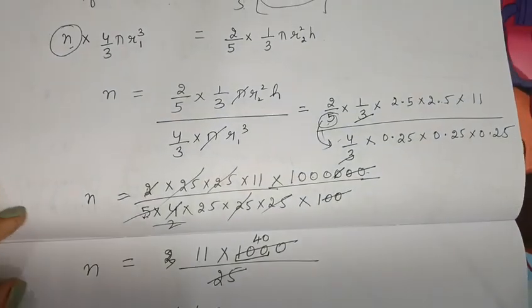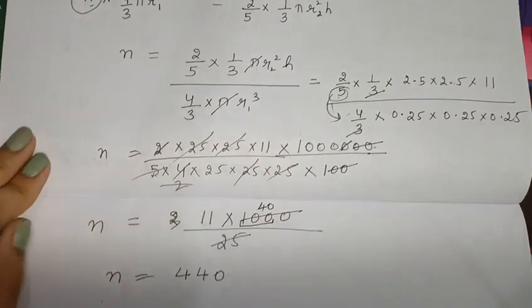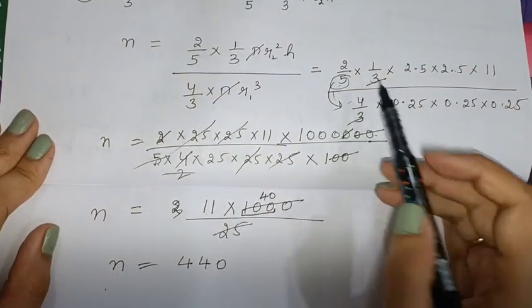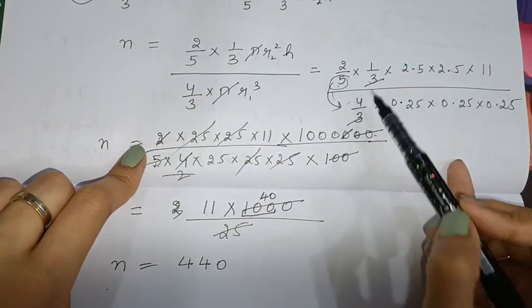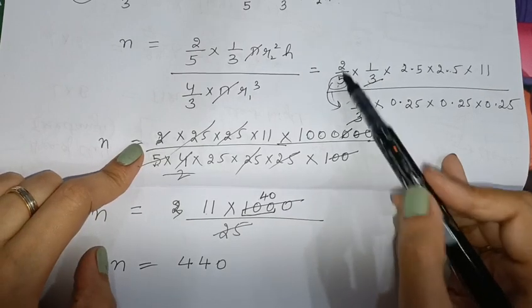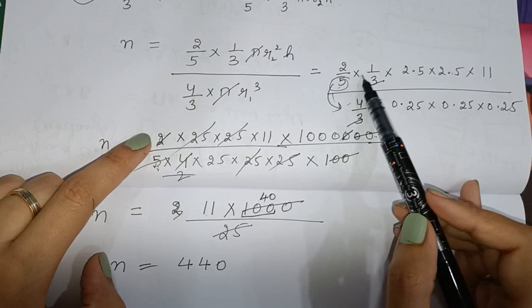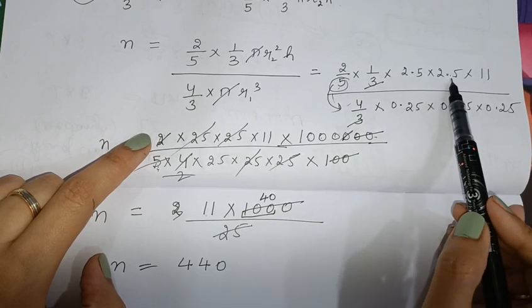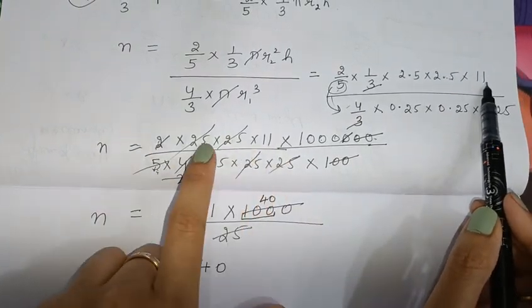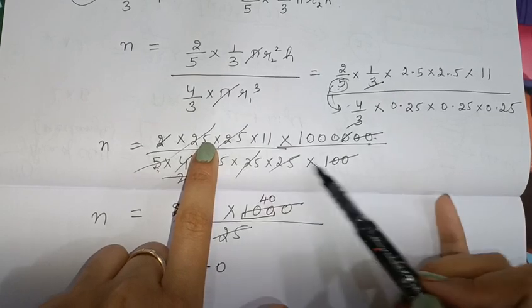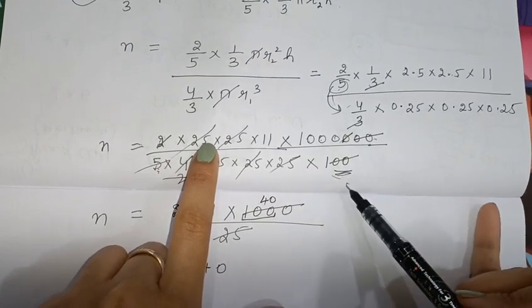So once again we'll just check calculations and how we did cancellation. First of all, this 3 and 3 got cancelled. This 2 by 5, I wrote 2 by 5 like this. So here numerator, now I have 25, 25, 11. So I removed the decimals, so here 100 came in denominator.